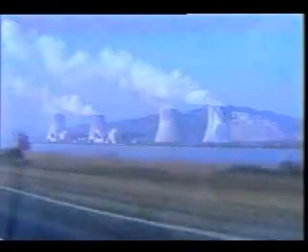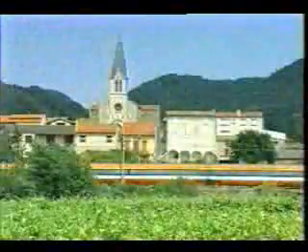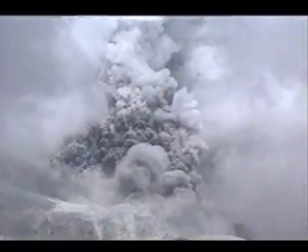Chemical species are dispersed easily and have short residence times in this region. You probably remember that the effects of the 1986 Chernobyl nuclear accident were felt in other countries far away. Similarly, ashes from the 1991 eruption of Mount Pinatubo circled the globe.